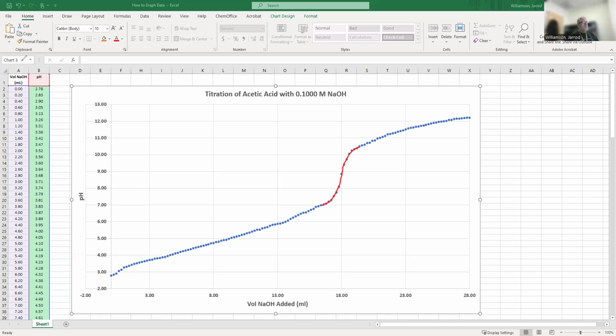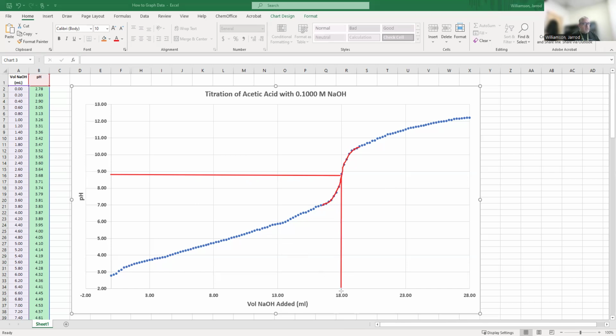Then we eyeball about where we think it is, and we can do pretty good. Like right about there, and then right about there. And that's pretty good. That'll be the pH, and we can get a ruler out. We can calculate that, and that'll be the volume.